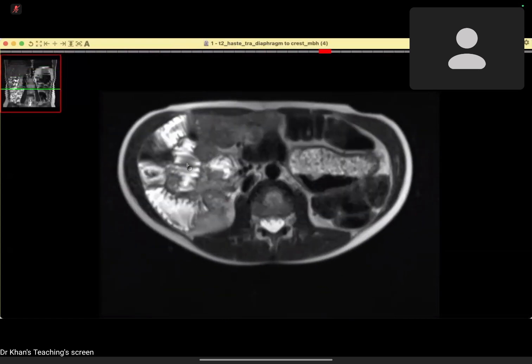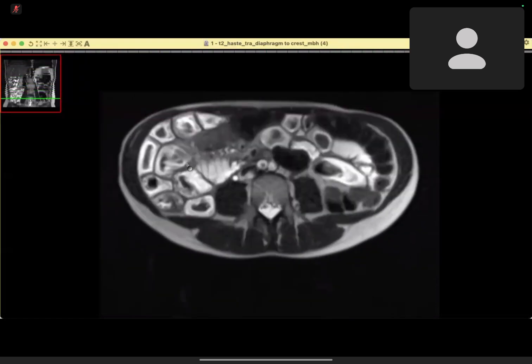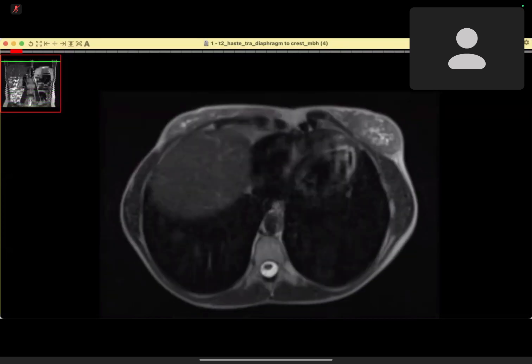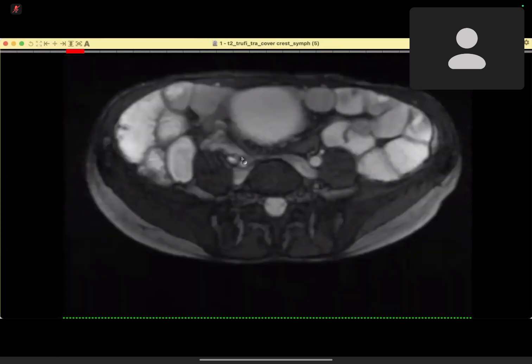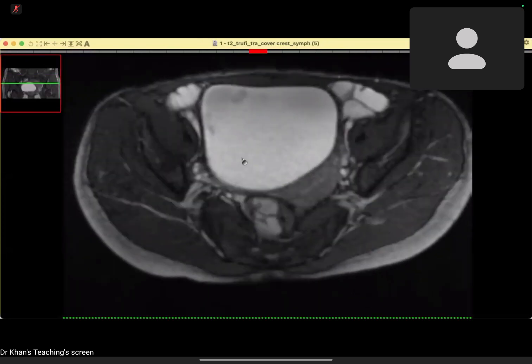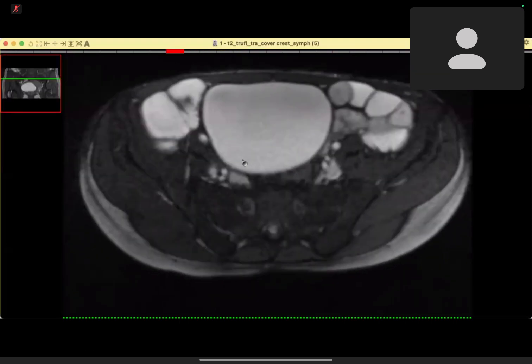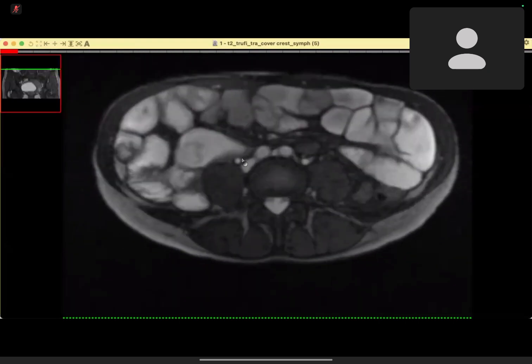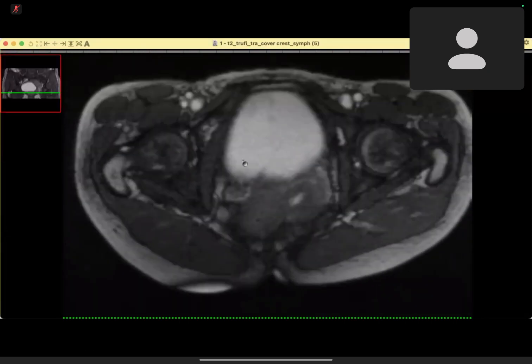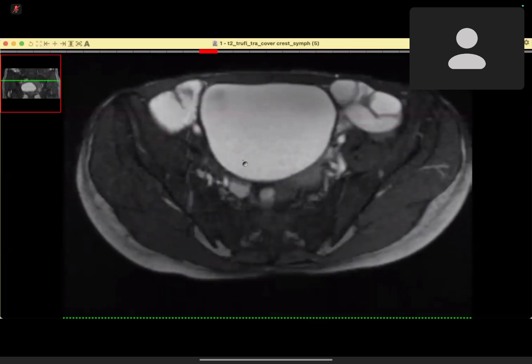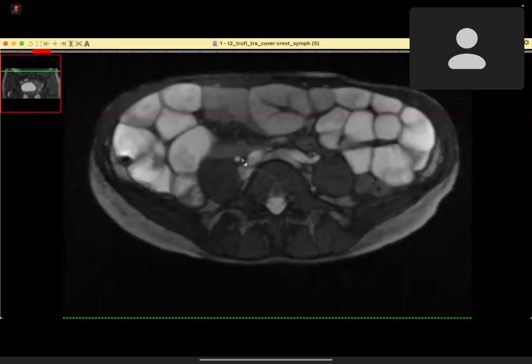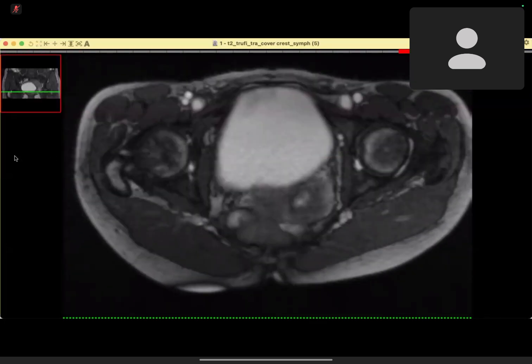In this image, I can see the aorta bifurcation. I want to start from the aorta in the upper abdomen, and then assess the position of the superior mesenteric artery and vein.